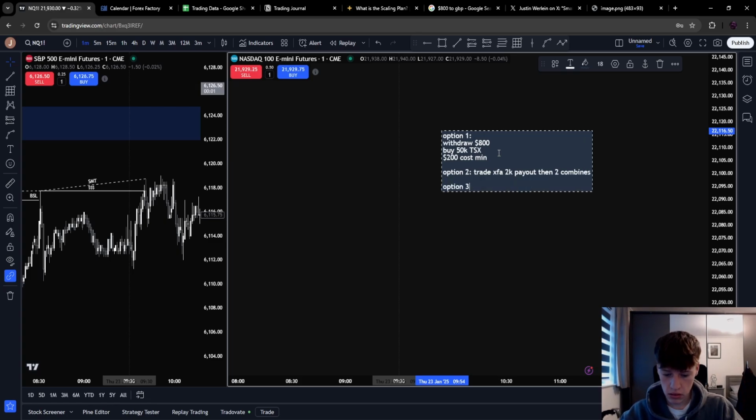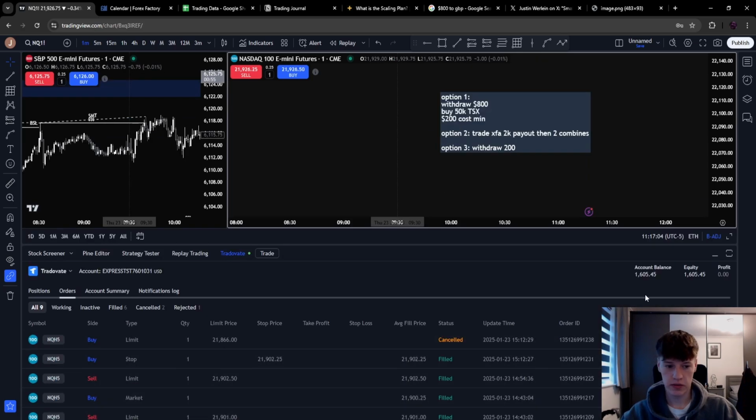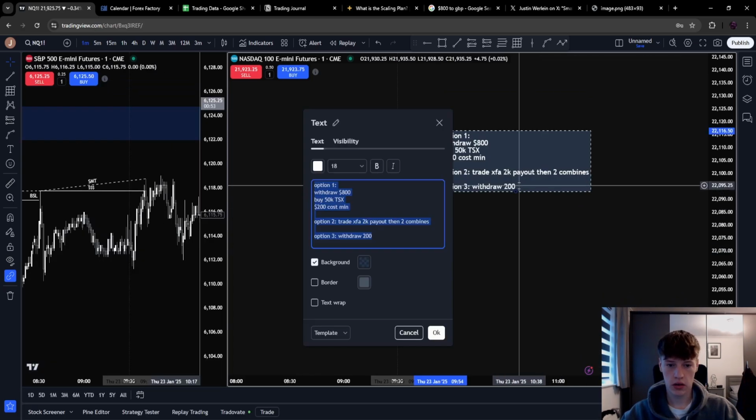Option 3 is withdraw $200. Then that leaves me still with $1,400 drawdown.